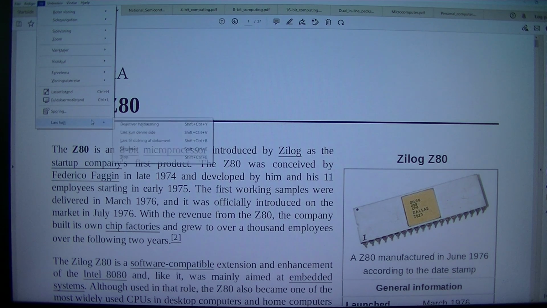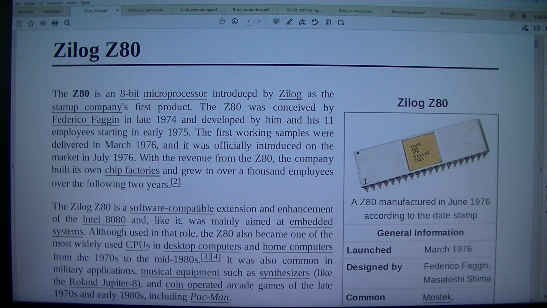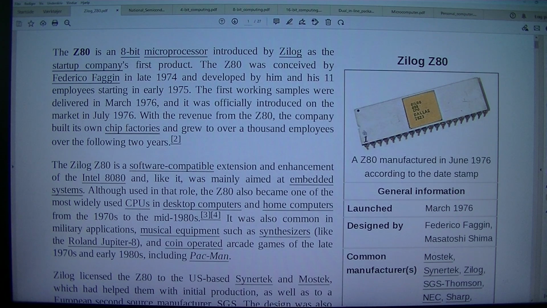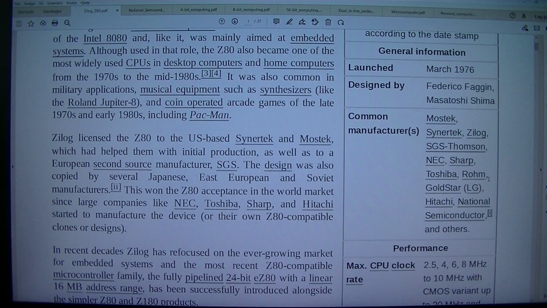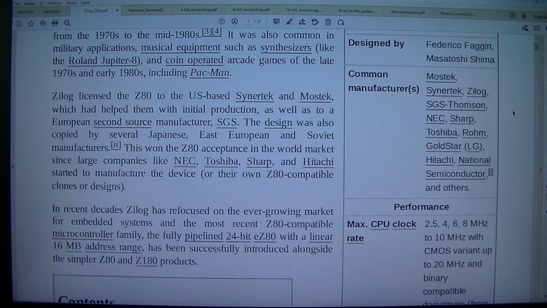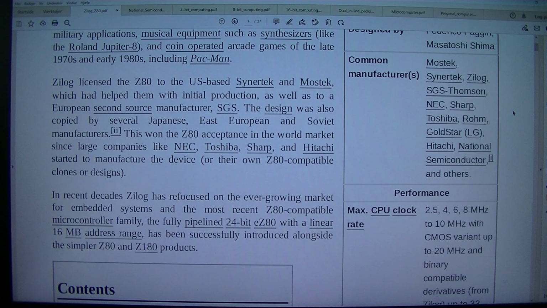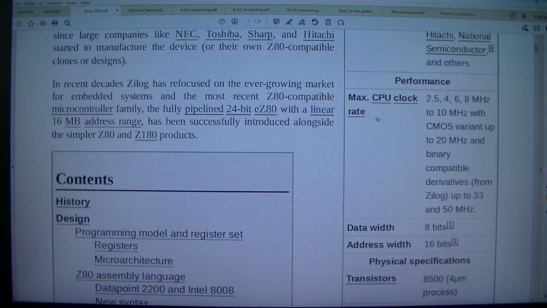Yes, read to the end of the documents. Zilog Z80. A Z80 manufactured in June 1976 according to the date stamp. General information: launched March 1976, designed by Federico Faggin and Masatoshi Shima. Manufacturers: Zilog, Mostek, Synertek, SGS-Thomson, NEC, Sharp, Toshiba, Gold Star, LG, Hitachi, National Semiconductor and others.